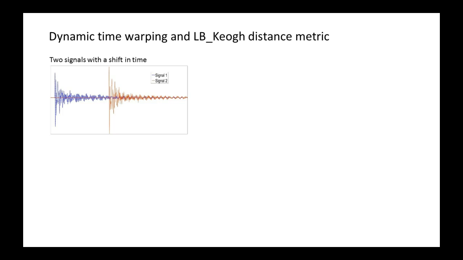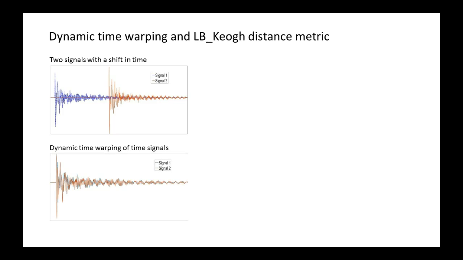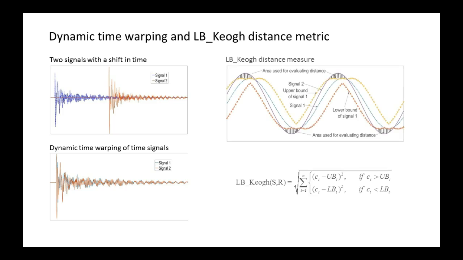So there will always be a delay between the two time signals. To remove the delay, we use dynamic time warping. It will just merge the two signals so that the delay between them is removed. So there will be no delay, and now we can apply the KL distance measure between the time signals.